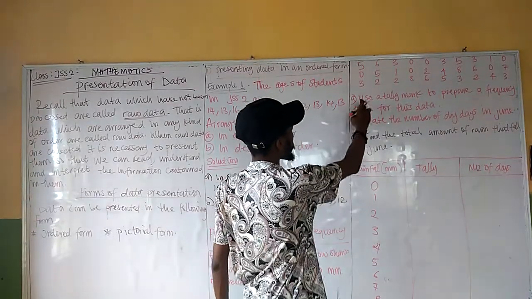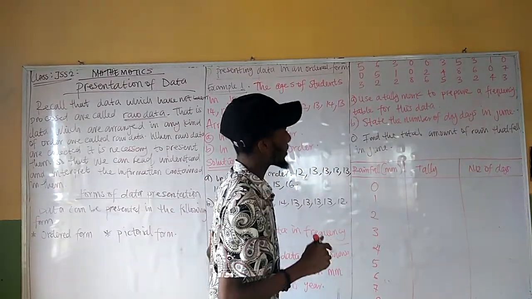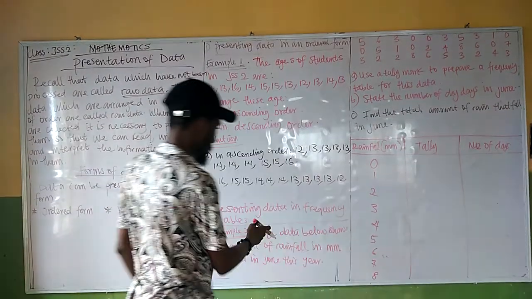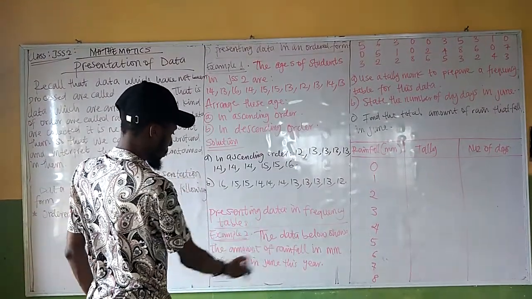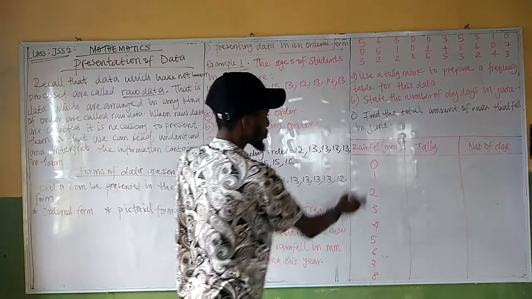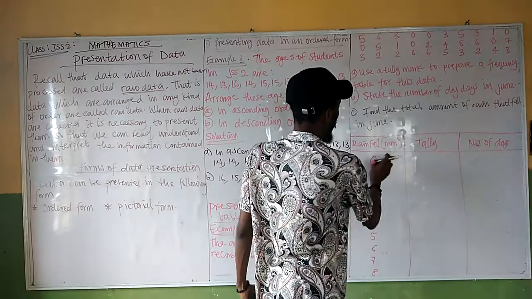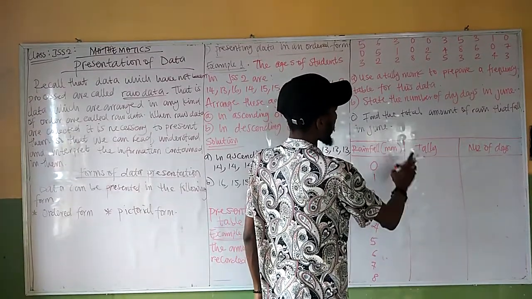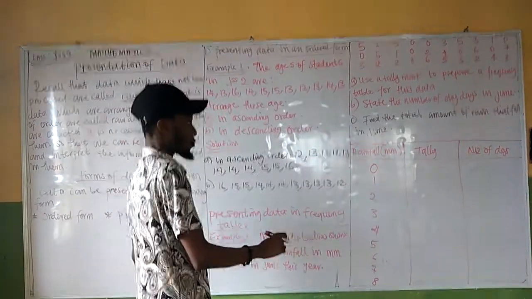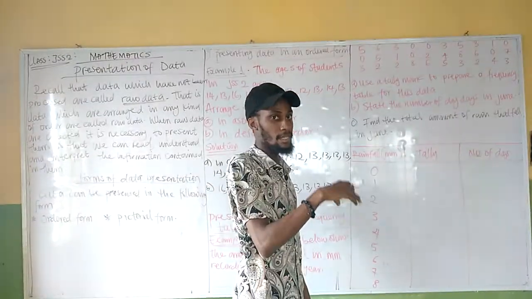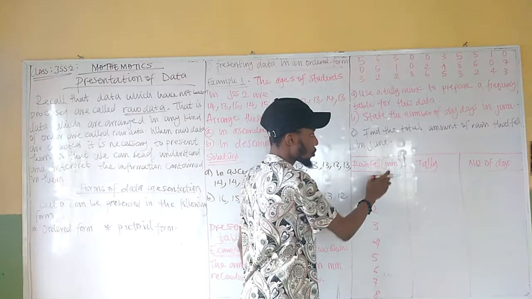If you look at it now, the question says use a tally mark to prepare the frequency table for this data. The data below shows the amount of rainfall in millimeters. This one here is just 0 rainfall. So within that particular year, we also have certain days or months that we have 0 rainfall.